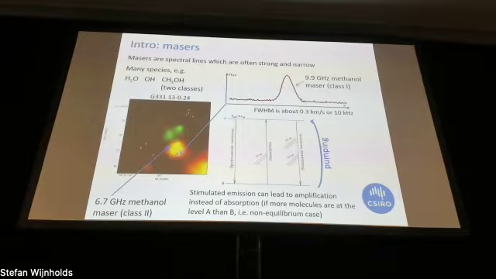In normal conditions, all these processes are balanced, and you get essentially a blackbody kind of output if you have equilibrium.